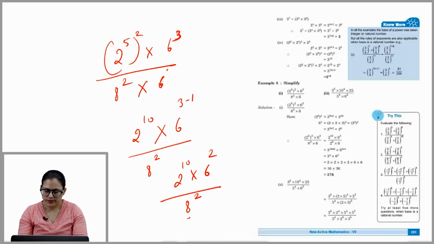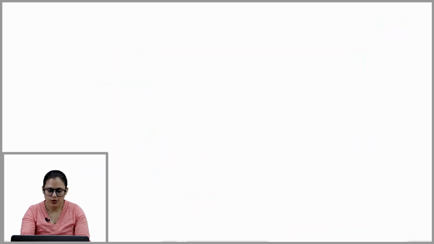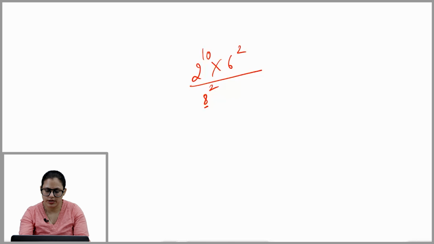Okay. Now see, 2 raised to the power 10 into 6 raised to the power 2 upon 8 raised to the power 2. We can take 2 as base here. 8 is what? 8 is 2 into 2 into 2, that is 2 raised to the power 3.